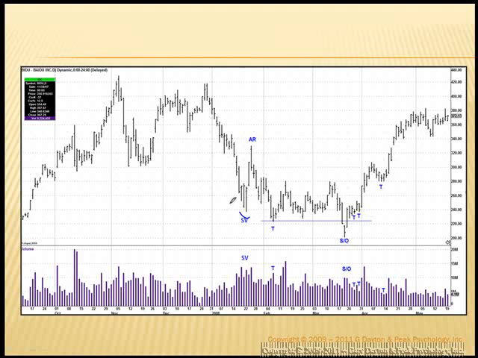So here we have some stopping volume coming in. We'll talk a little bit about that later, but high volume comes in, the market falls precipitously, and then we see some buying occur here.